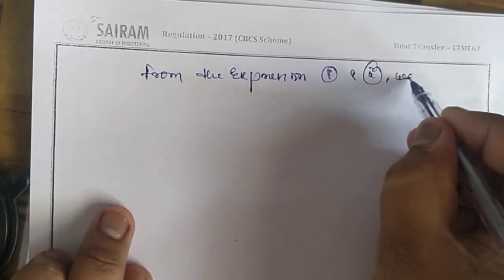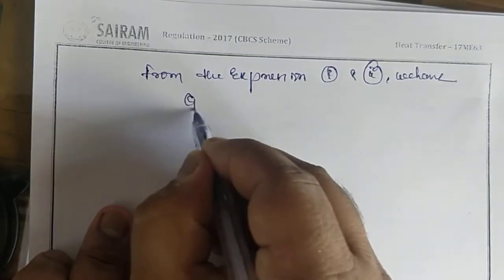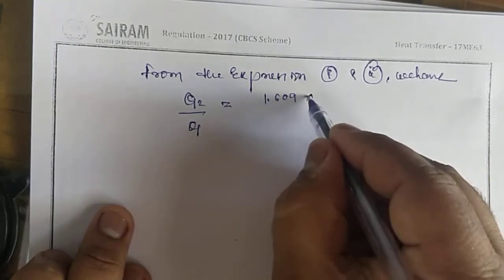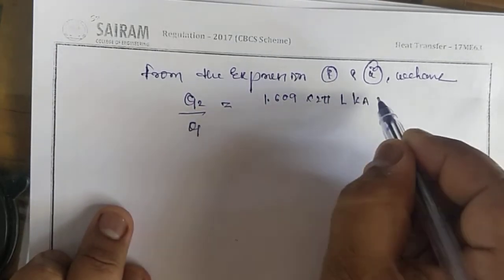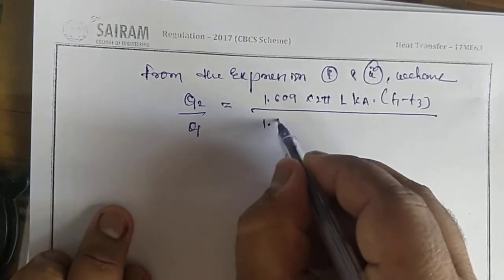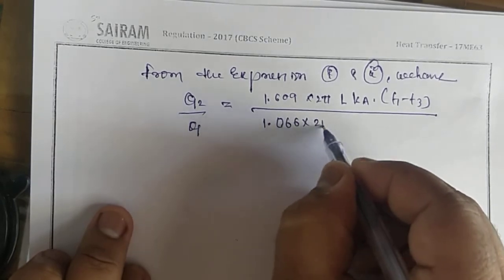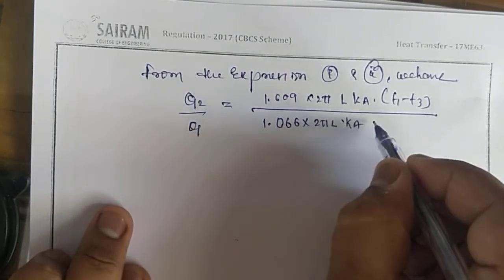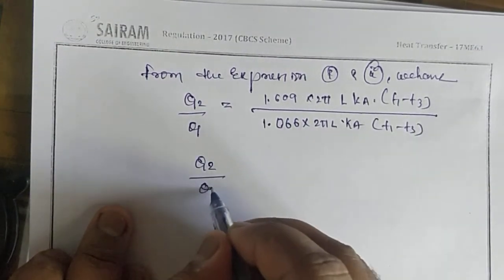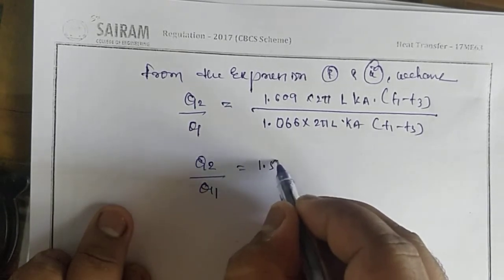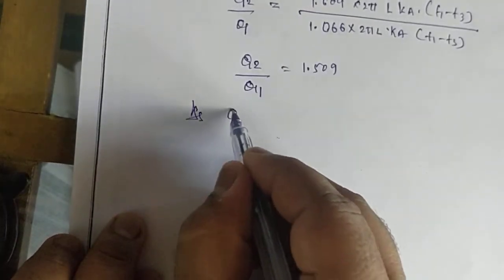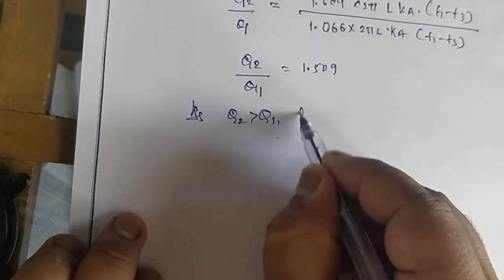Q2 by Q1 is equal to 1.609 times 2 pi L Ka (T1 minus T3) divided by 1.0662 times 2 pi L Ka (T1 minus T3). So this ratio value becomes 1.509. So you can observe that Q2 is greater than Q1.